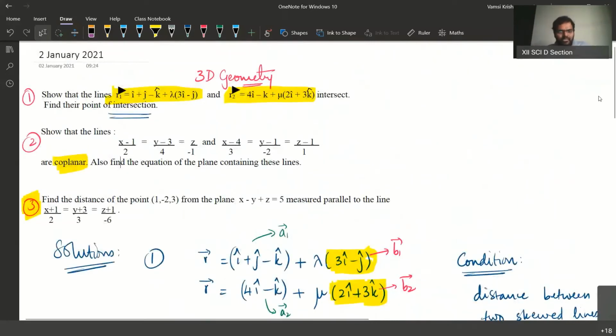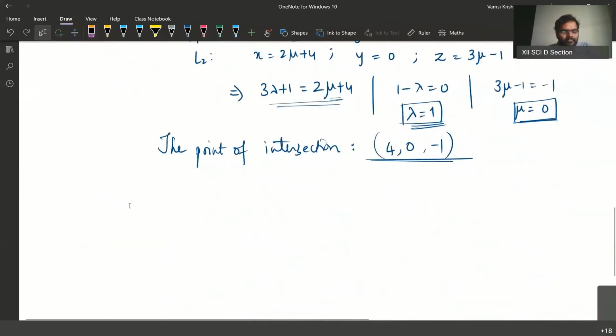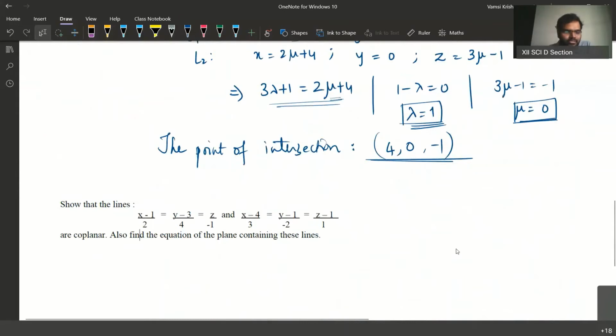Coming to the second question. You're asked to show that the lines are coplanar. How do you show the lines are coplanar?